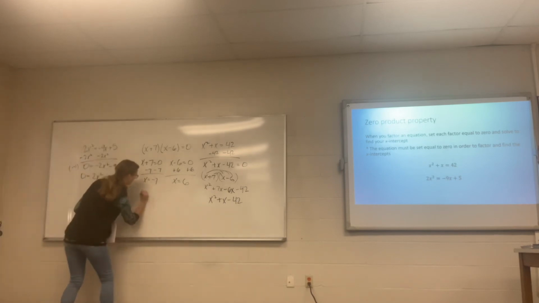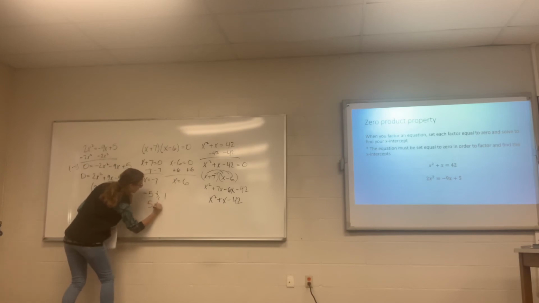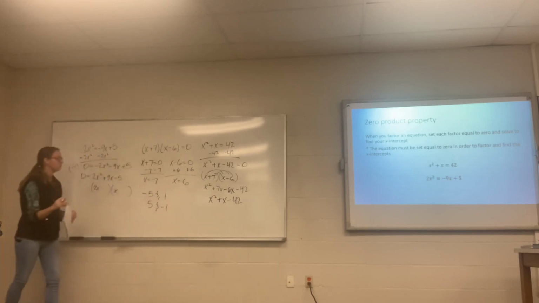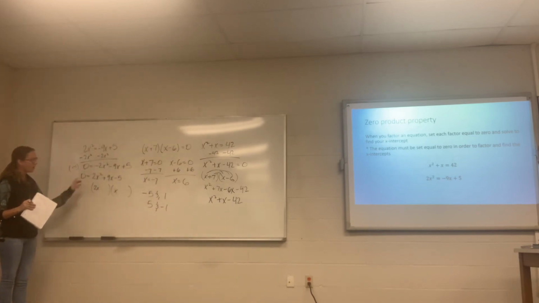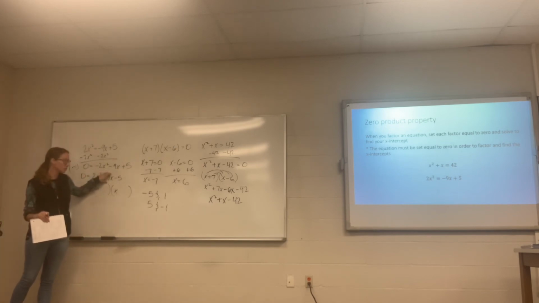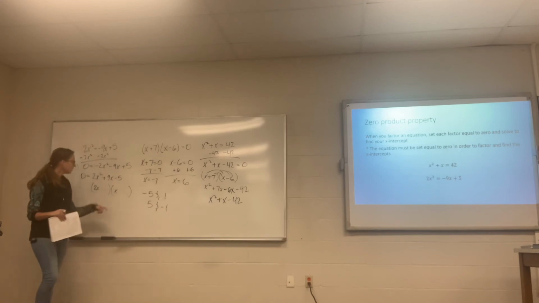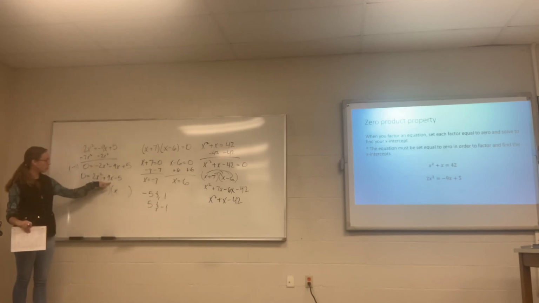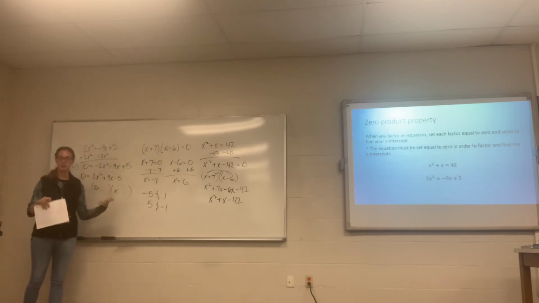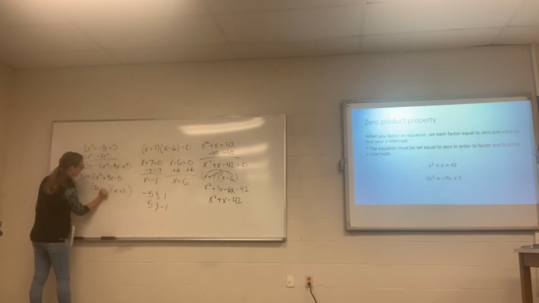So my options are -5 and +1 or +5 and -1. I want quite a few positive numbers for my middle term, so let's try the one with more positive, like a +5. And because there's a lot of numbers in the middle, I'm going to put that larger number across from the 2x. So let's put the +5 over here and the -1 over here.